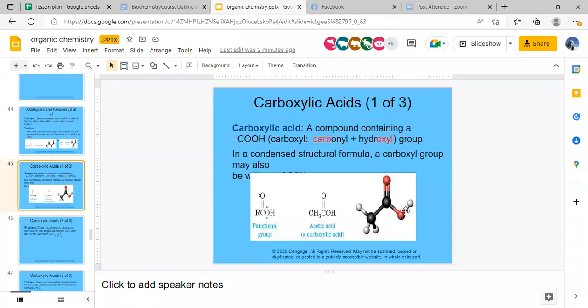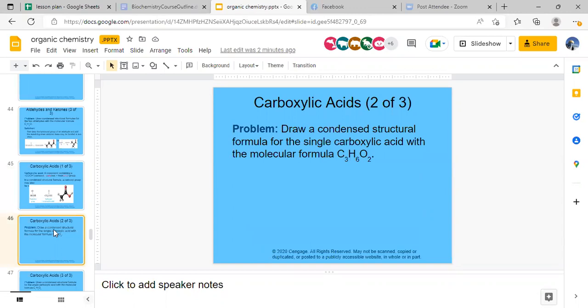So the red represents oxygen, the white represents hydrogen, the black represents carbon. So yung formula niya, so this is an assignment, draw the line structure of the structural formula for the single carboxylic acid with the molecular formula C3H6O2.